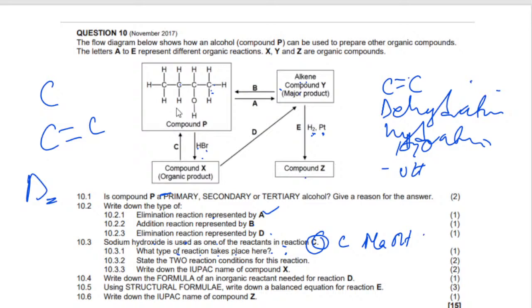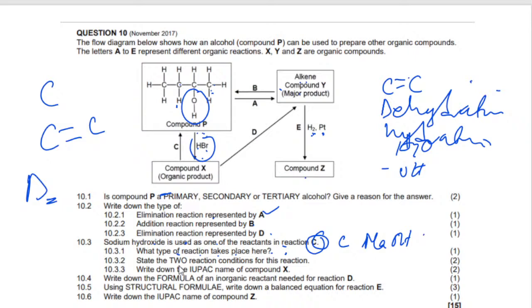From here to here, you understand? You are substituting a halogen with the OH, so you can say it's a substitution reaction, but because we are using this, it can also be hydrolysis, or you can say substitution.